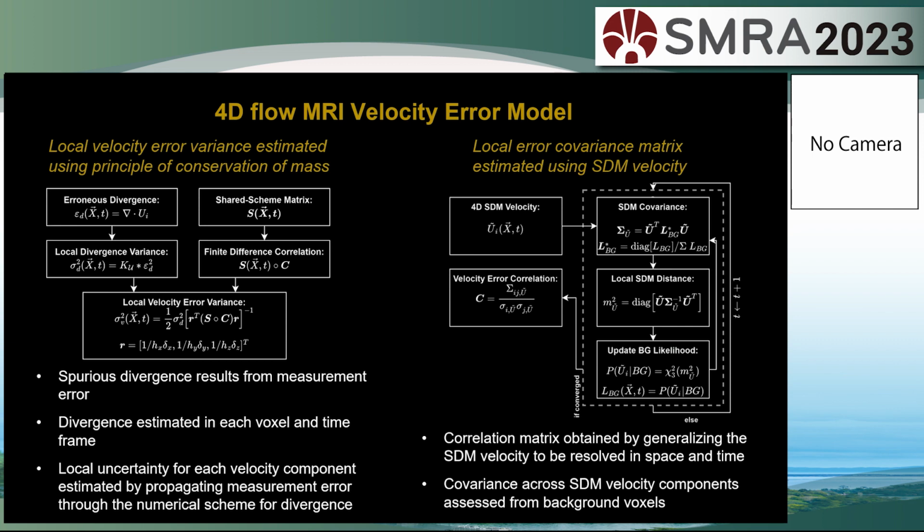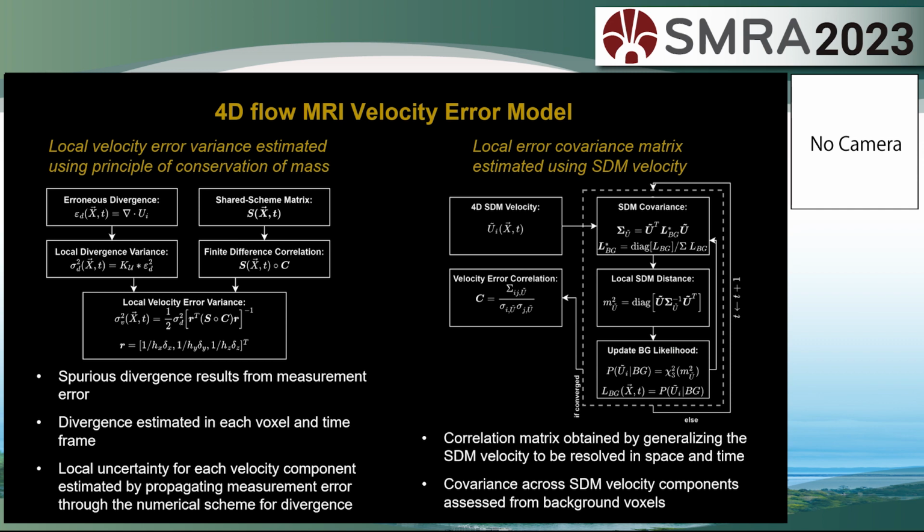And since blood flow is incompressible, divergence of the measured velocity can be used as a surrogate for the error of velocity measurement. And then we propagate the local uncertainty of velocity through the numerical schemes used to estimate the divergence operator, and that gives us the local variance of the velocity for each voxel.